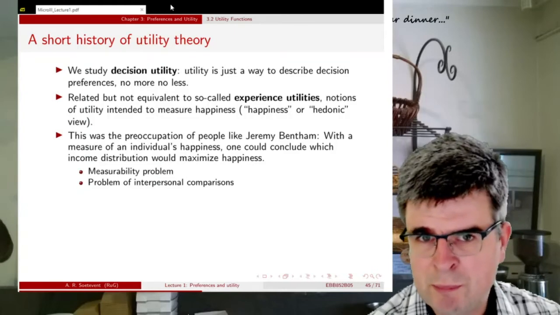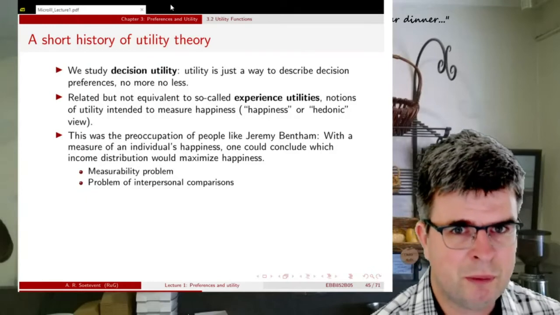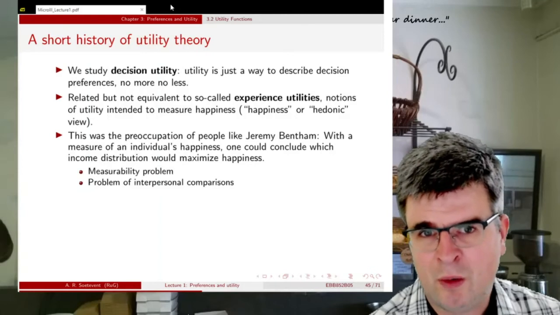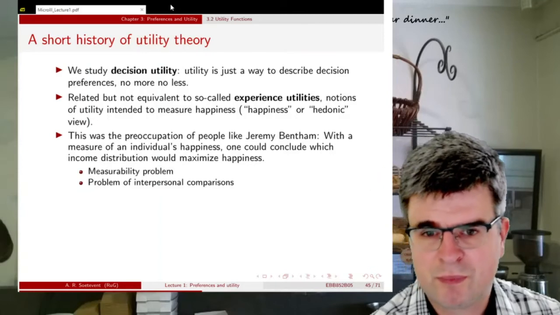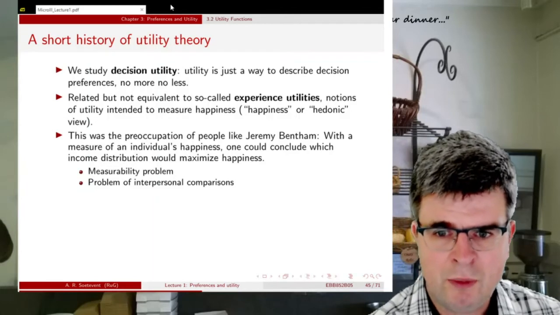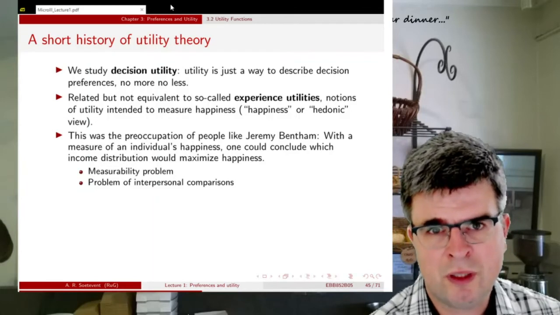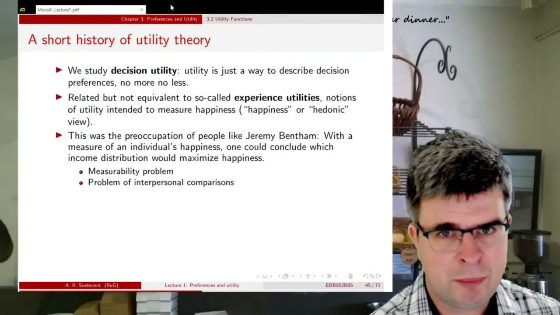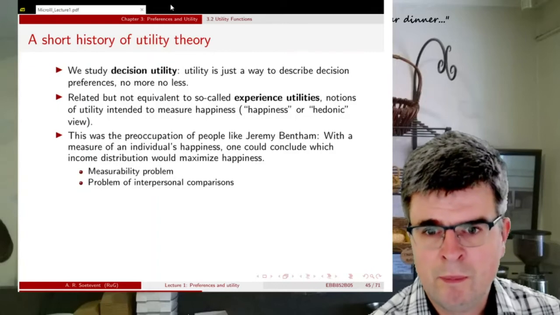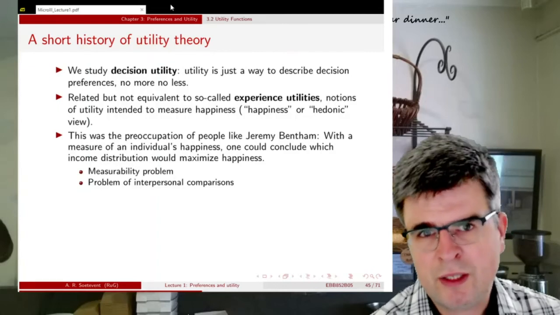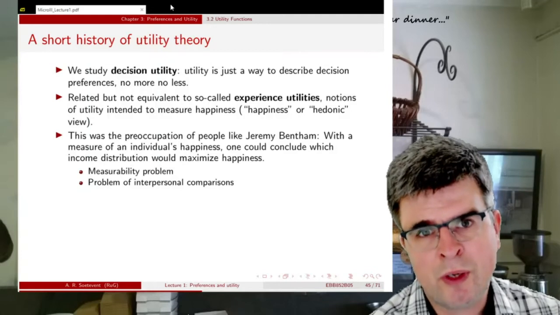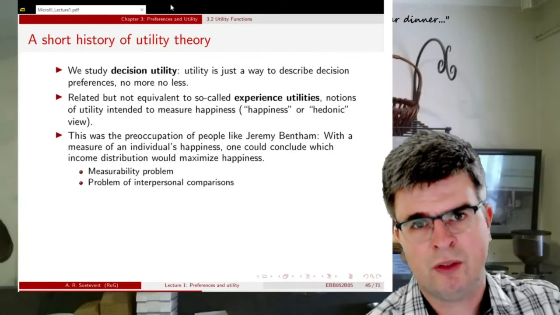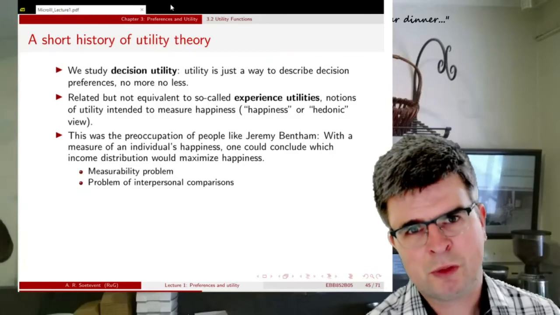The second problem is interpersonal comparisons. If you hit a person with a hammer, one person may scream, the other person may scream less. How do you compare the units of pain or pleasure of these two persons? It was very hard using experience utilities to make interpersonal comparisons. That project has been abandoned, although recently, with the advent of the field called neuroeconomics, where people can measure what happens in the brain when they take certain decisions, some measurement is possible.